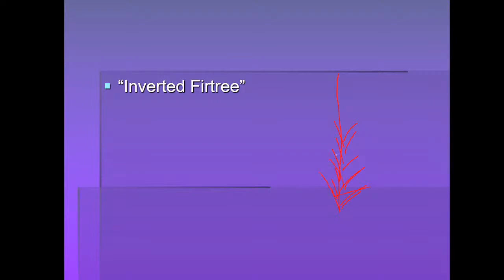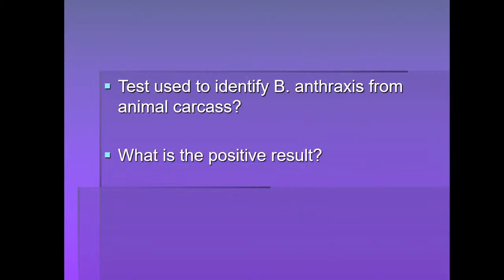So anyway, that's what it looks like. It's like an inverted fir tree. If we want to test Bacillus anthracis from an animal carcass, you can do so with the Ascoli test.